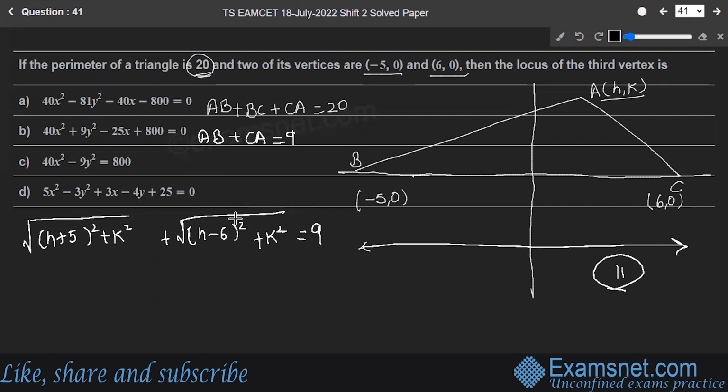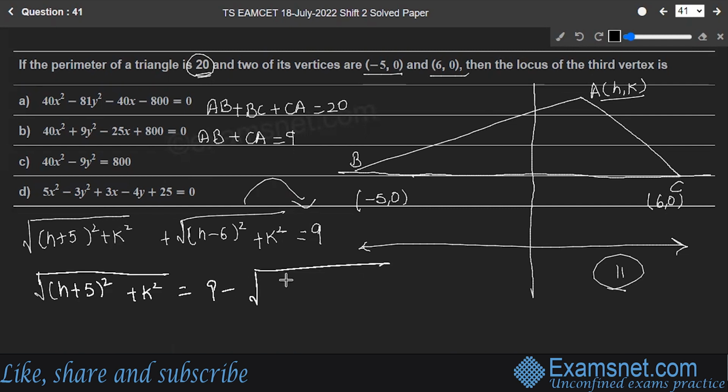Right? Let's take this on the right hand side. You will have root of (h plus 5) square plus k square is equal to 9 minus root of (h minus 6) square plus k square. Let's do squaring both sides.